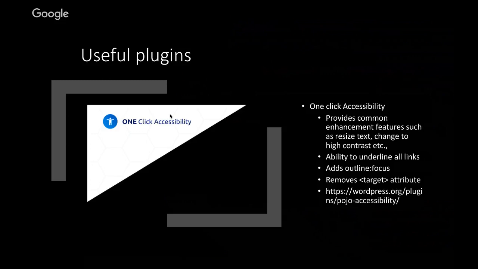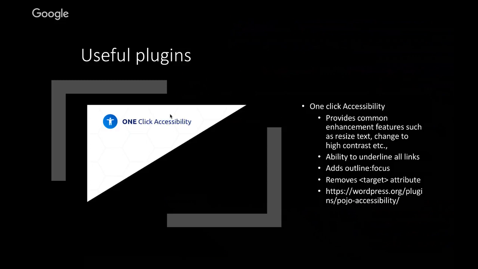A couple of plugins that I've been using in WordPress: something called OneClick Accessibility. I started using this pretty recently, about a couple of months ago, but it fascinated me for a few reasons. It automatically provides some common accessibility enhancement features, such as resize text and change to high contrast mode.